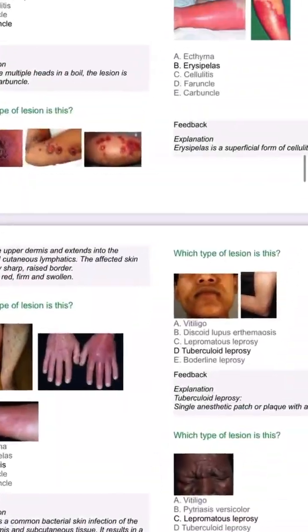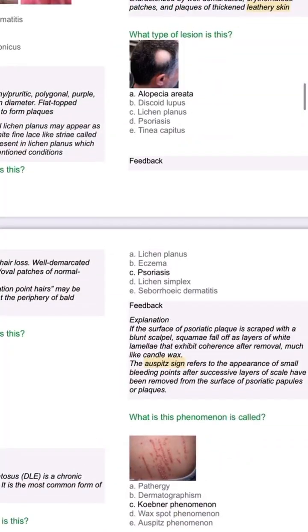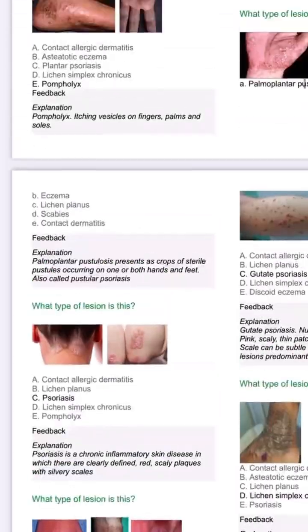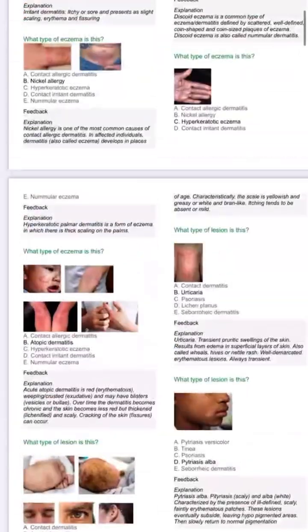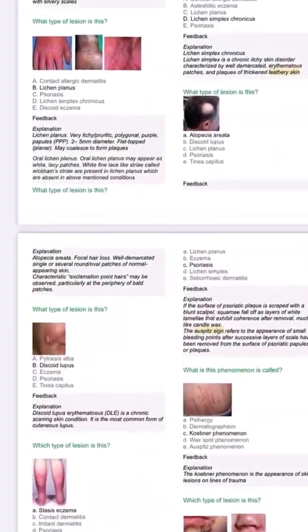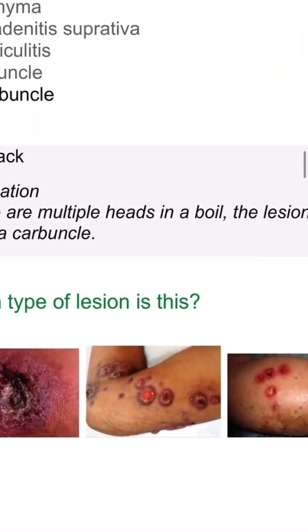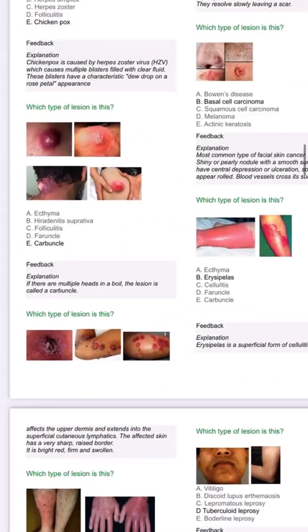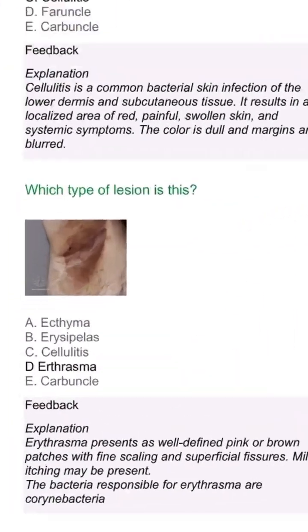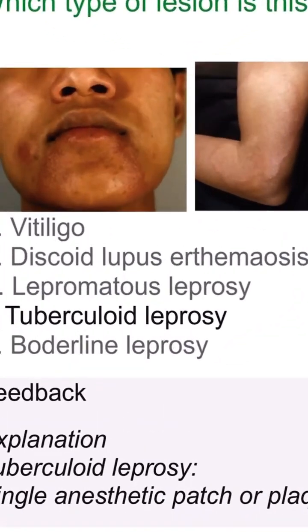Okay, and this one was ecthyma. Yeah, this is ecthyma, and this is erythema.